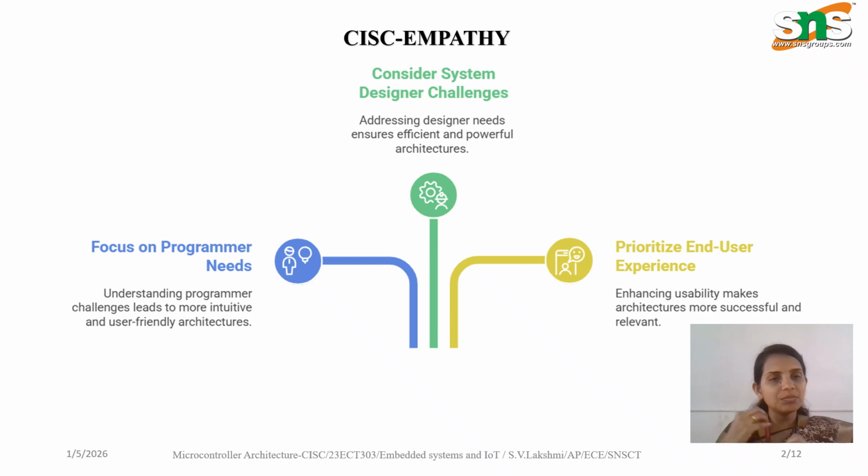As system designers, we have to consider the system designer challenges and focus on the programmer needs as well. So we have to understand the challenges which lead to a more user friendly architecture, and we have to prioritize the end user experience. We have to enhance the usability, which makes the architecture more successful and relevant. So the end user, the programmer, and the designer needs must be taken into consideration when the architecture is framed.